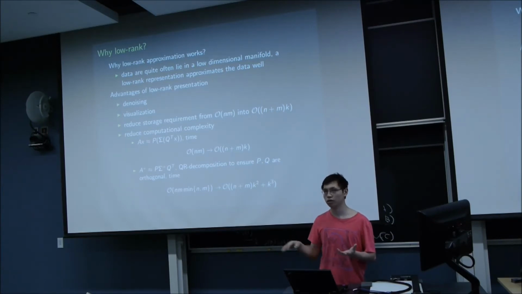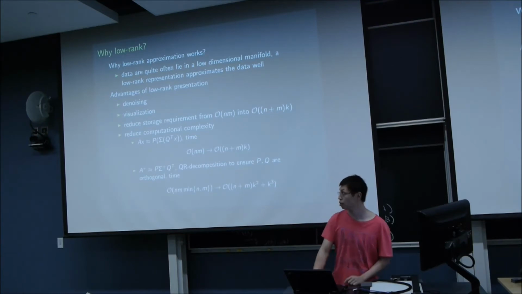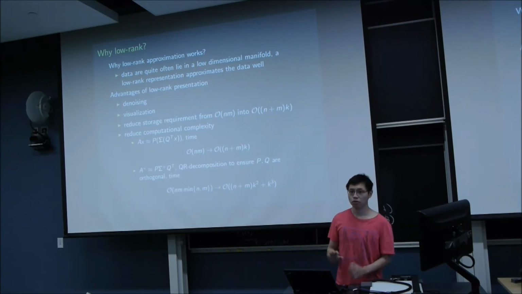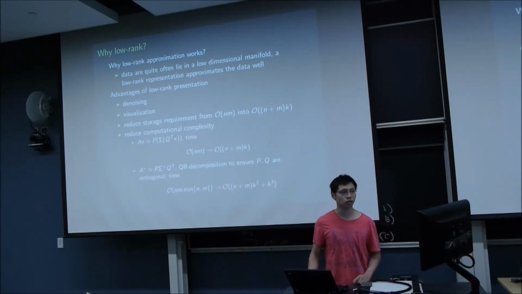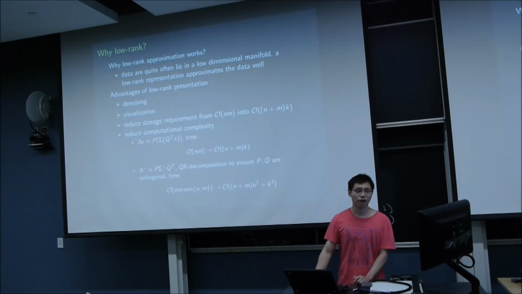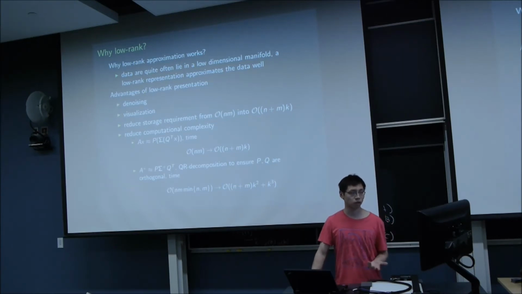With images, the world we have is 3-dimensional plus time, maybe 4-dimensional. So maybe a low rank representation approximates the data very well. In that case, we prefer a lower complexity representation. And there are advantages to using low rank approximation.